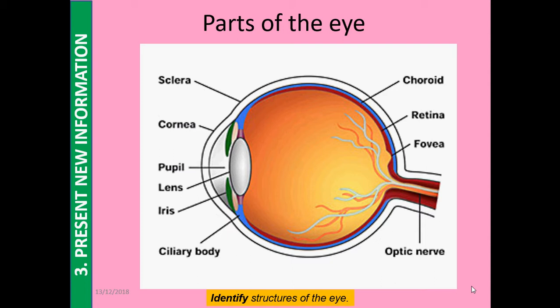The iris is the coloured part of your eye, and that is controlling how big the pupil is. And then we've got the ciliary muscles and the suspensory ligaments, and we'll look at those in more detail shortly, which help to control that width of the lens. We've got the retina at the back of the eye where the image is formed, and then we've got the optic nerve, which is taking all the information to the brain.